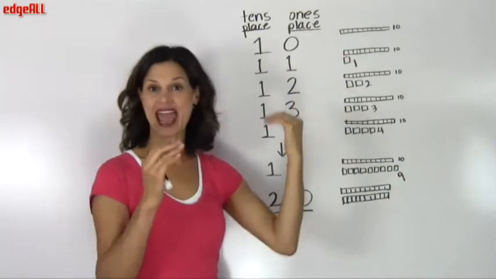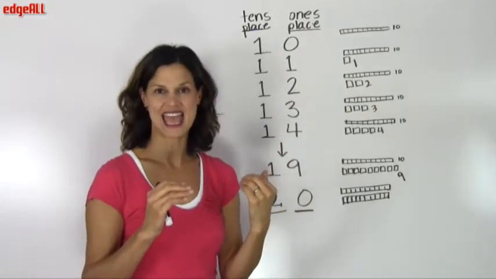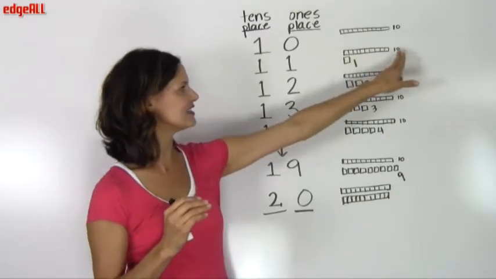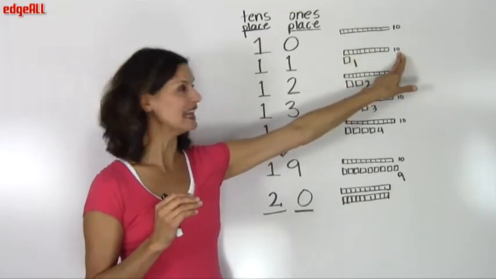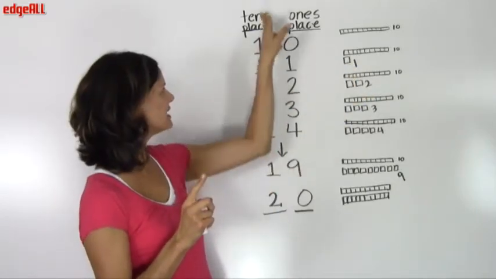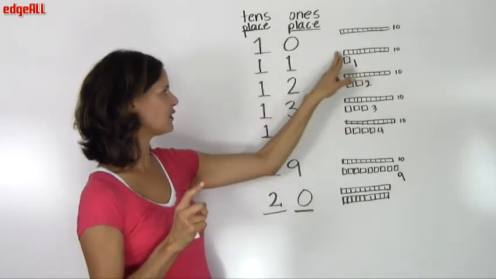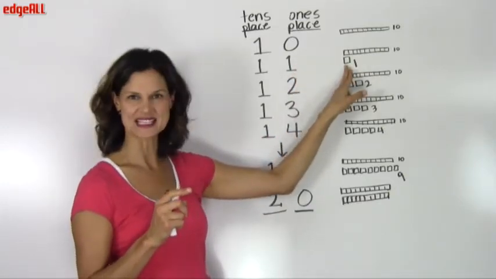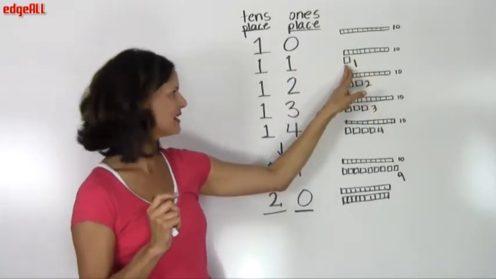But as I add 1 to my 10 and go from 10 to 11, you can see I still have the bar for my 10 plus 1. And so in my tens place, I still have the 1 for the one group of 10, and then I have a 1 in the ones place for one additional item.